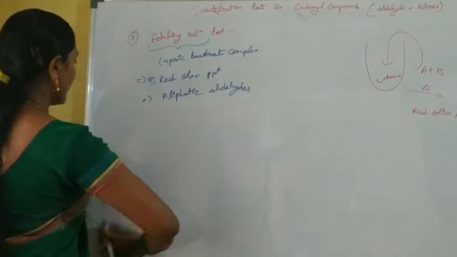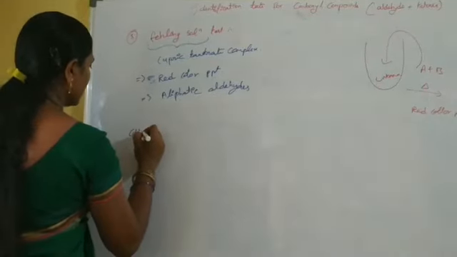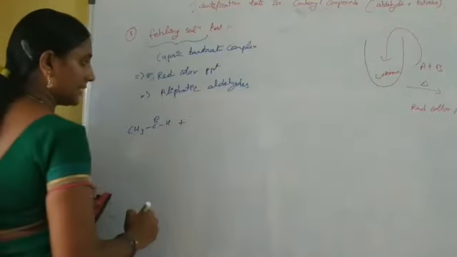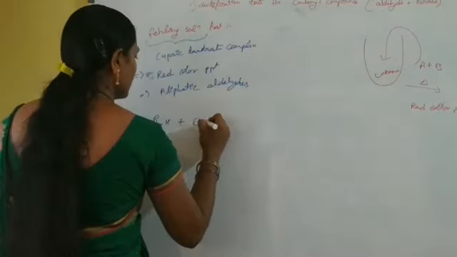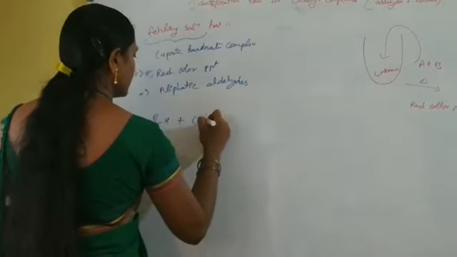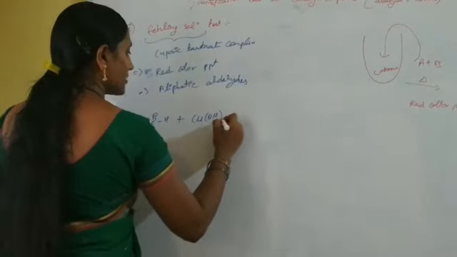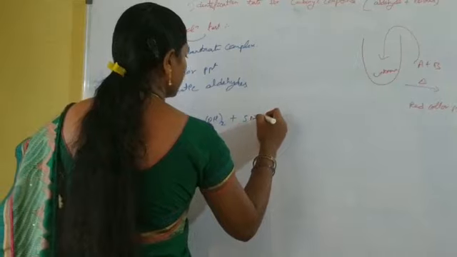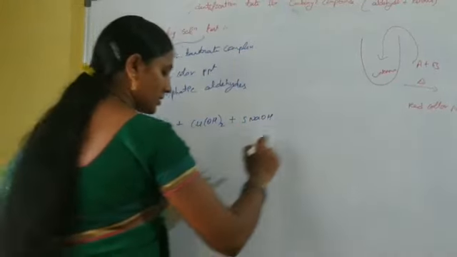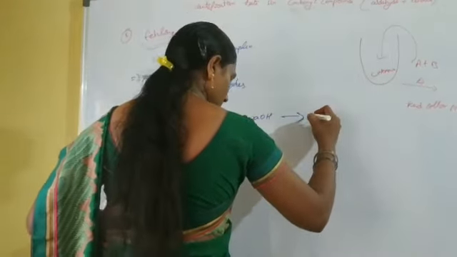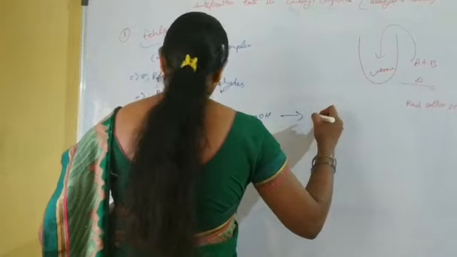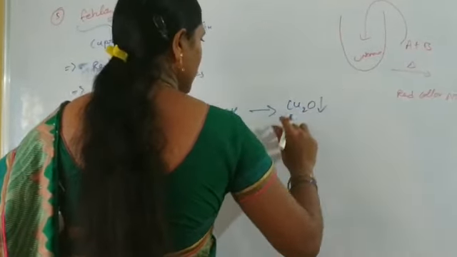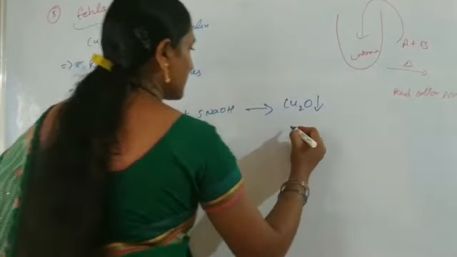In the reaction form, you take acetaldehyde. Now acetaldehyde is treated with copper hydroxide in the presence of a basic medium like sodium hydroxide. Now you observe cupric oxide as a precipitate.